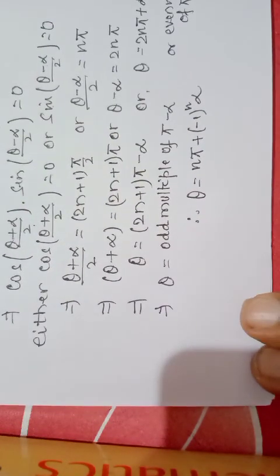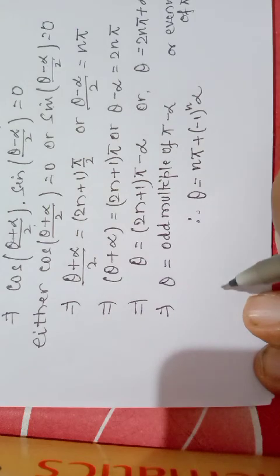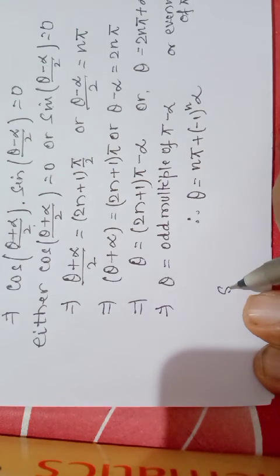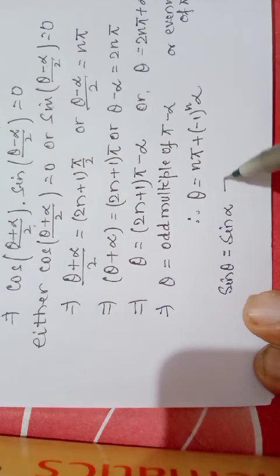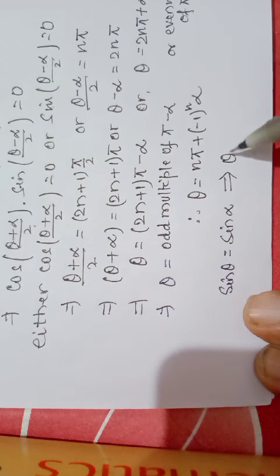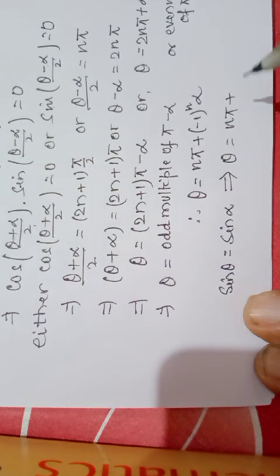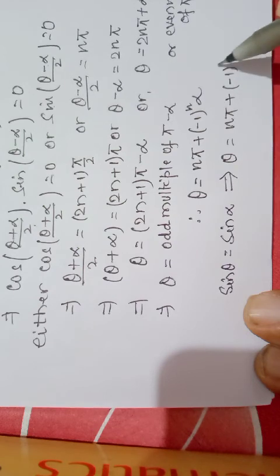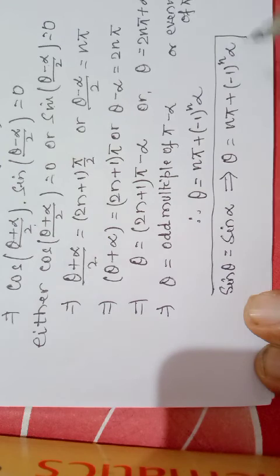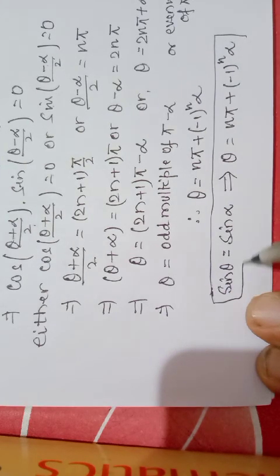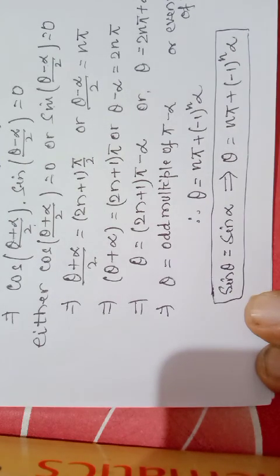So I again write here: sine theta is equal to sine alpha implies theta is equal to n pi plus (minus 1) to the power n into alpha. This is an identity; later we will use it as a formula.